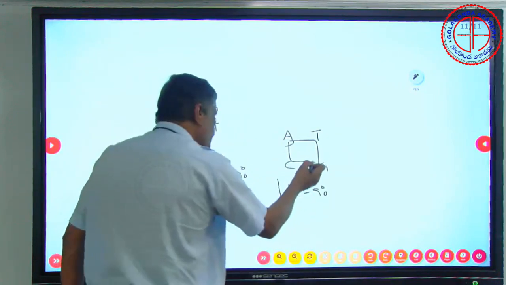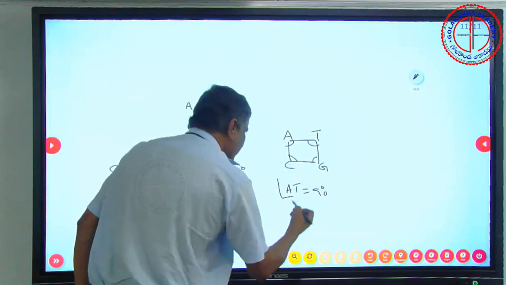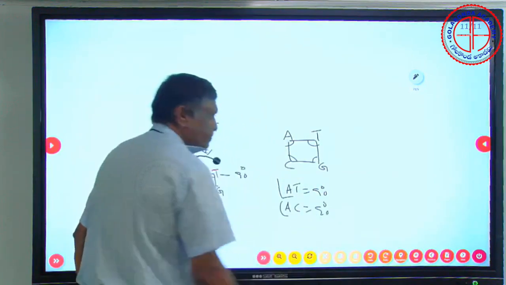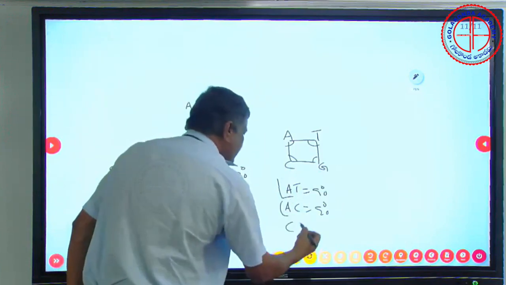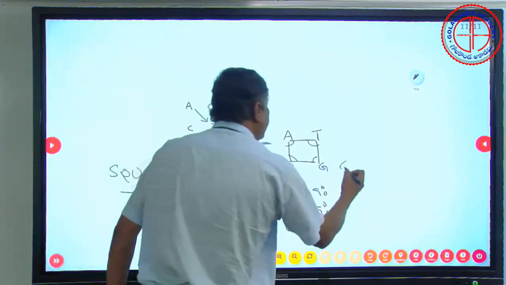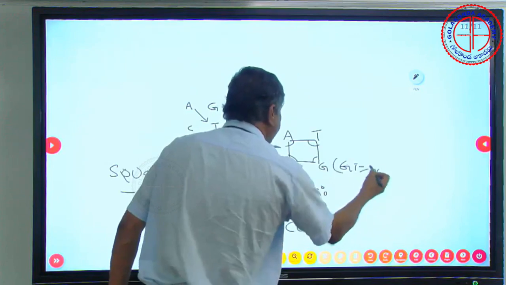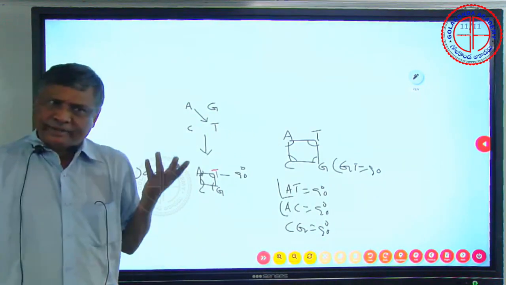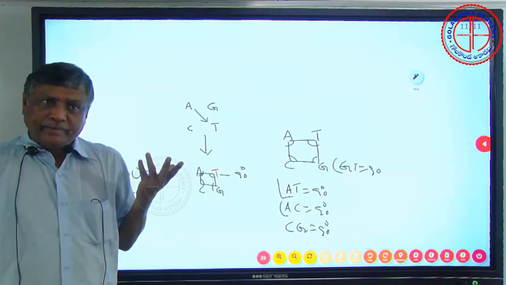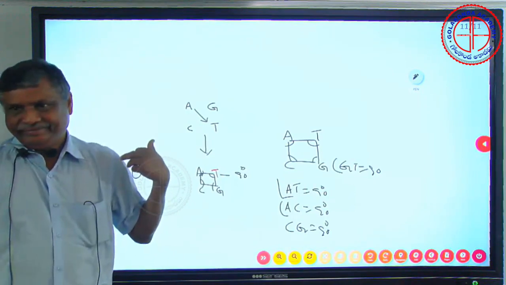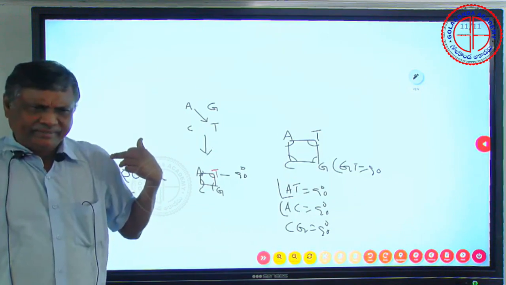If you take any 2 nitrogen bases, they are arranged at 90 degrees: AC 90 degrees, CG 90 degrees, and GT 90 degrees. Why? Because the nitrogen bases are arranged in square shape. So in between any 2 nitrogen bases, the angle is 90 degrees. Is it not correct? Note this point.